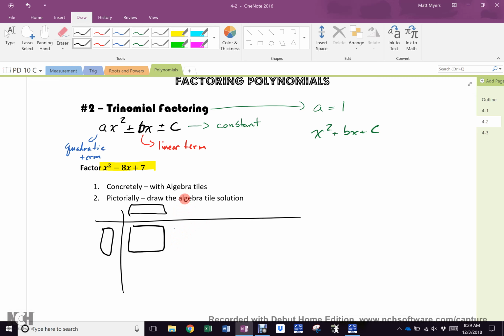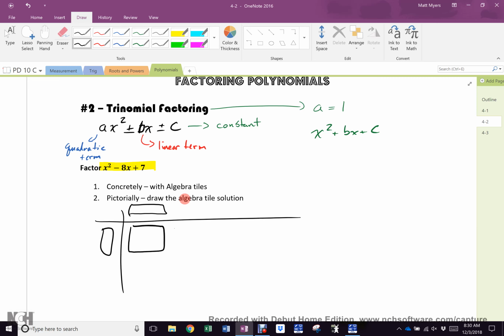I'll let you guys have another minute to talk amongst yourselves. Does everybody have an idea of a way to go about this?